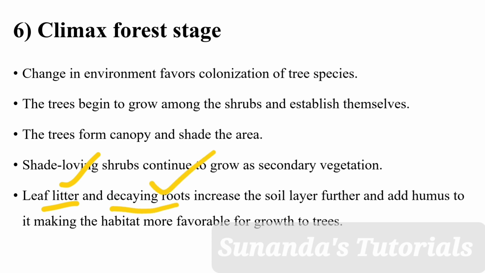Then decaying roots add organic matter to the soil, increasing the soil layer and adding humus to the existing soil, and this condition is favorable for the growth of more plants. So these are the various stages of Xerosere, or the succession of dry habitat. So it is all about Xerosere.